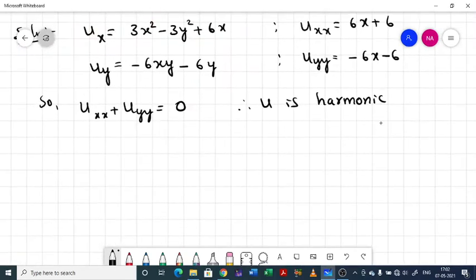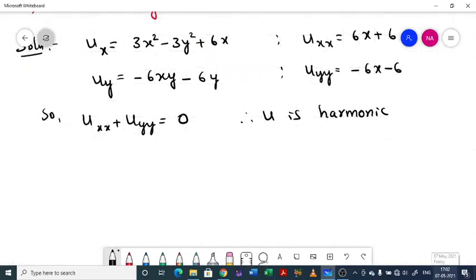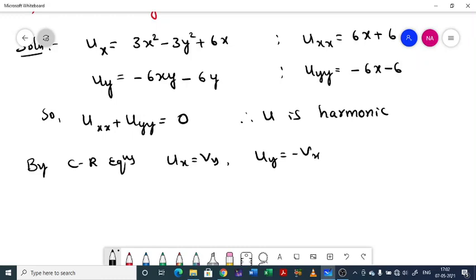Now we need to find harmonic conjugate by CR equation. By CR equations we have U x equal to V y, U y equal to minus V x.